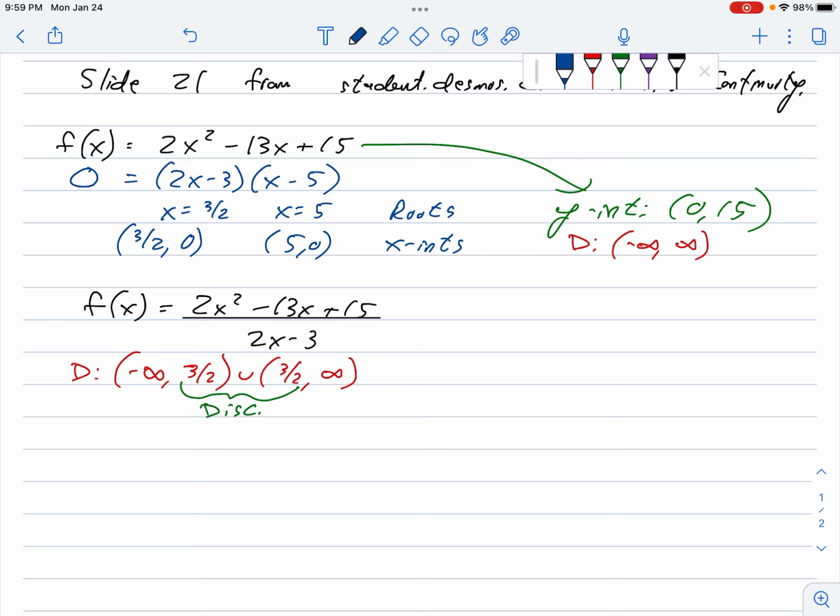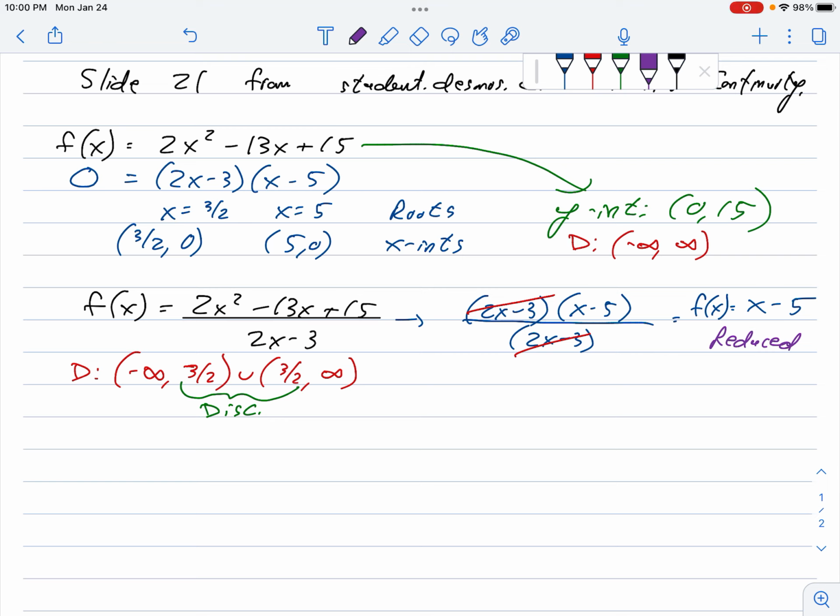Okay, now my next step would be, let's factor the top, which we already know what it factors to, because we've seen it a bunch. And I know I'm going to cancel that factor, so I'm just getting an x minus 5. That's what I simplify to. That's what I reduce to. It's just this x minus 5 is my reduced function.